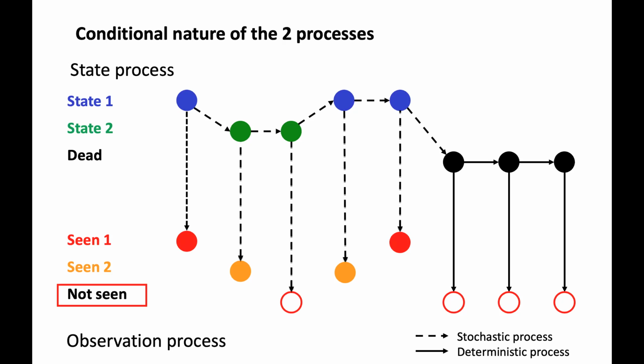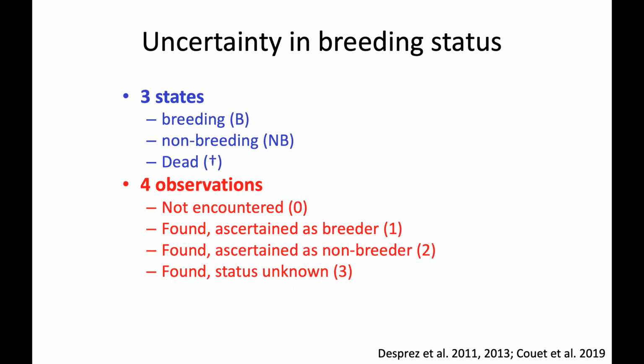It's no longer only the detection process that is the main source of uncertainty, but you also have the state assignment that generates some uncertainty. Okay. So an example. Let's spend some time on an example to fix ideas. Uncertainty in breeding status.